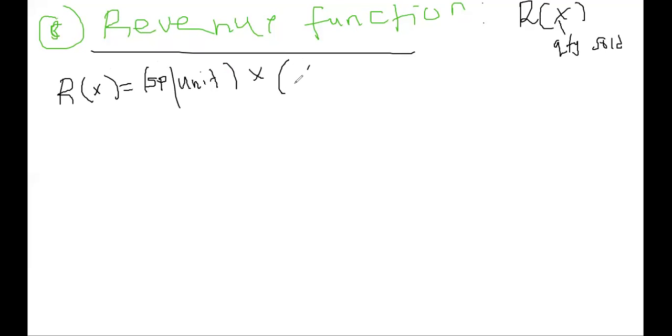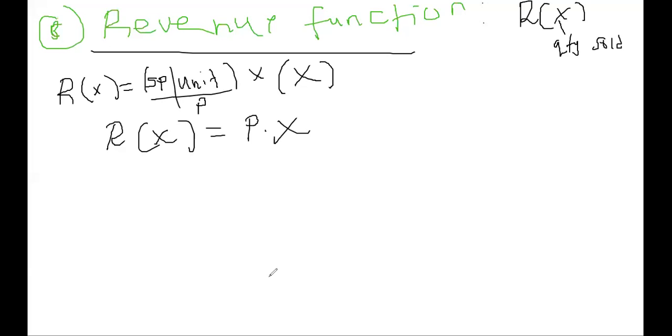The quantity sold, we represent it with X. So at the end of the day, the revenue function, that is R of X. Let's represent the selling price as P. So this revenue will be the selling price per unit, P, times the quantity sold in the market. So to find revenue, if you know the price, you just multiply it by the quantity that is sold, then you'll have the revenue.